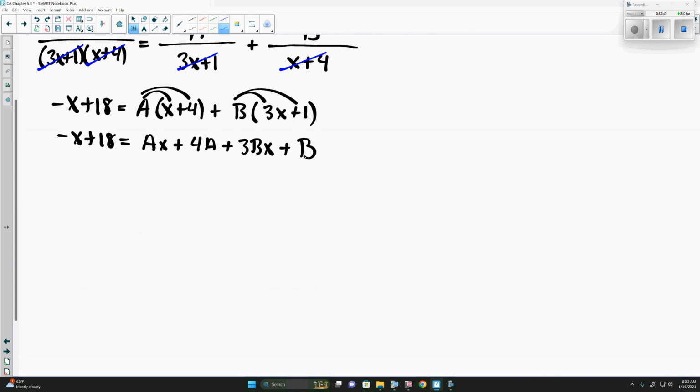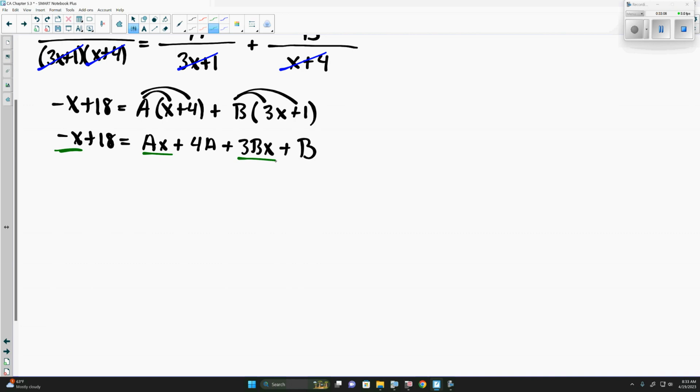Now again, on the first one, we rewrote this several times just to see how they all lined up, yes? Now when I do these, I do them a little bit different. I don't continue to rewrite it, manipulate it, and go from there. Because looking at this here, I know that the negative x is going to line up with our ax and 3bx, yes?